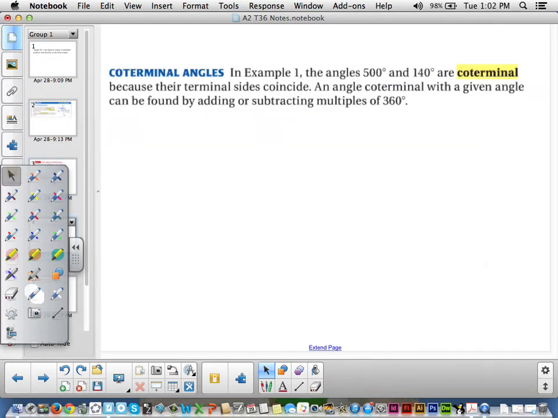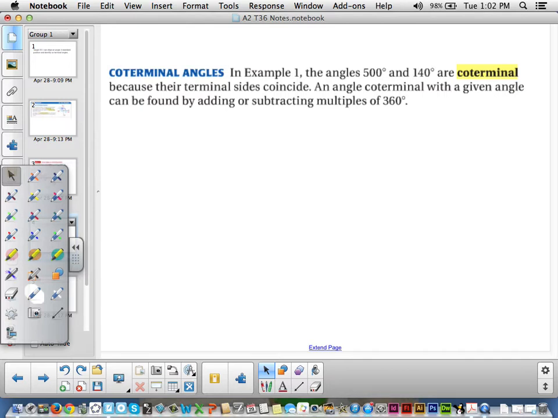Now coterminal, what does coterminal mean? Co usually means two. Terminal, like we said, means ends. Coterminals are two angles that end in the same position. In the last example, 500 degrees and 140 degrees were coterminal because they ended in the same position.